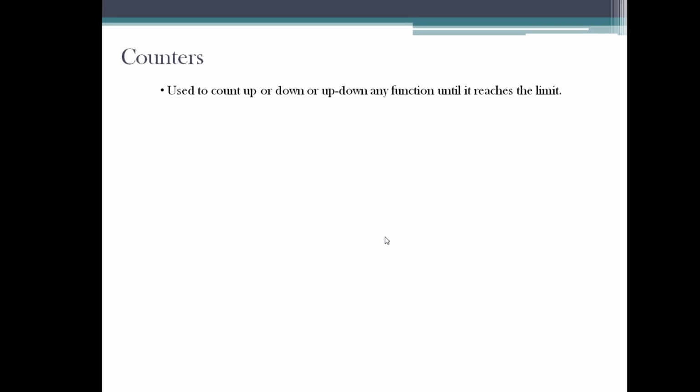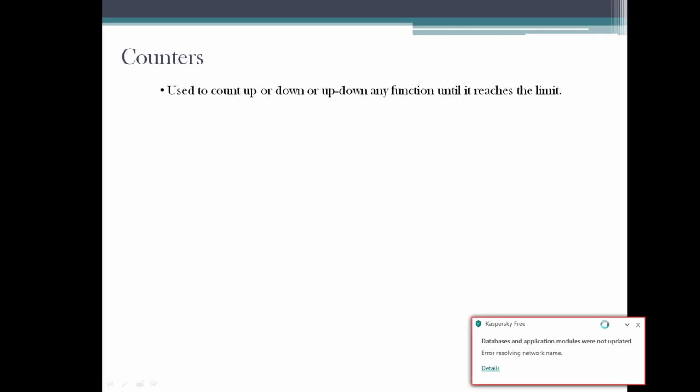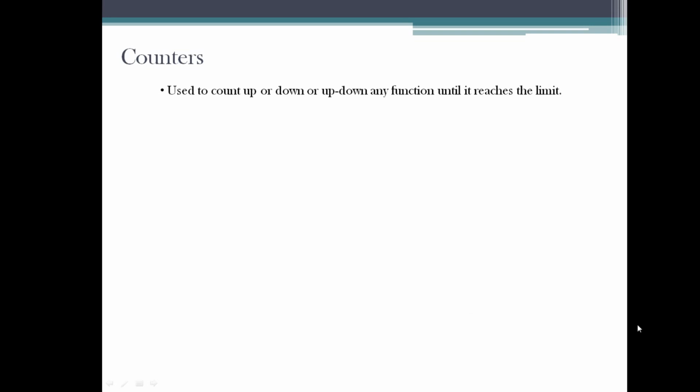Maybe your car parking limit is 5 or 10, so that will be the limit. It will start counting 0, 1, 2, like that, right? When it reaches the limit, it will give some indication like count is done or parking is full. Like that we can give indications also, right?